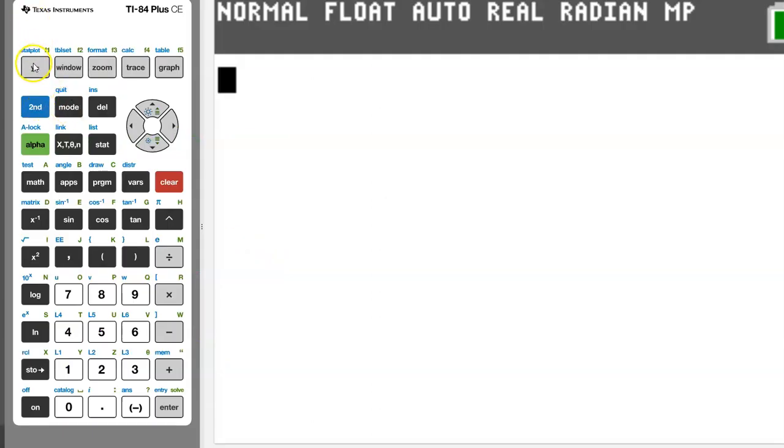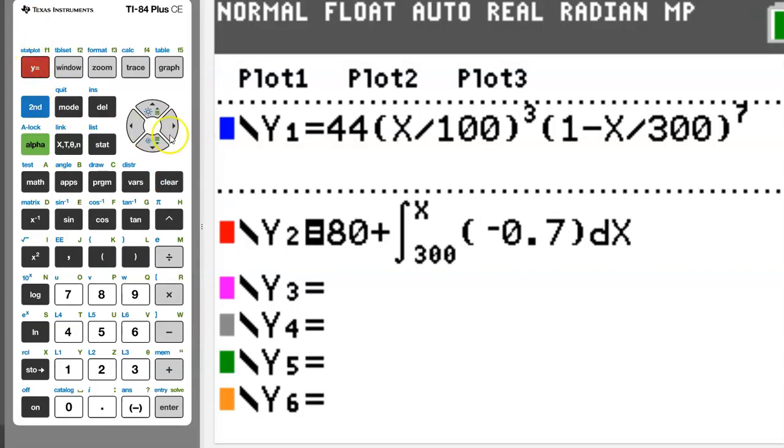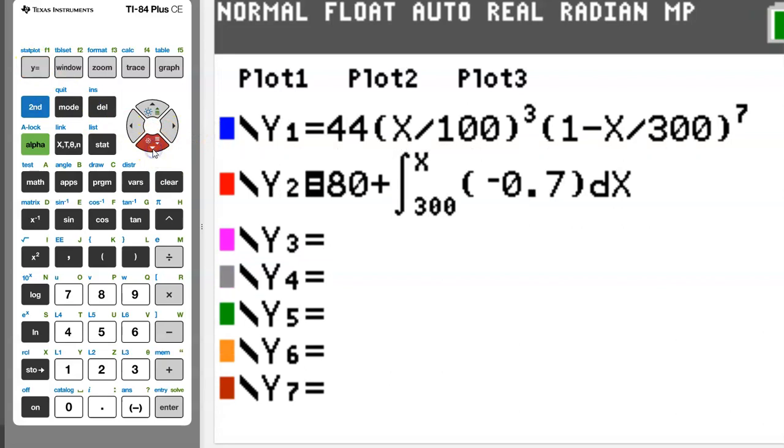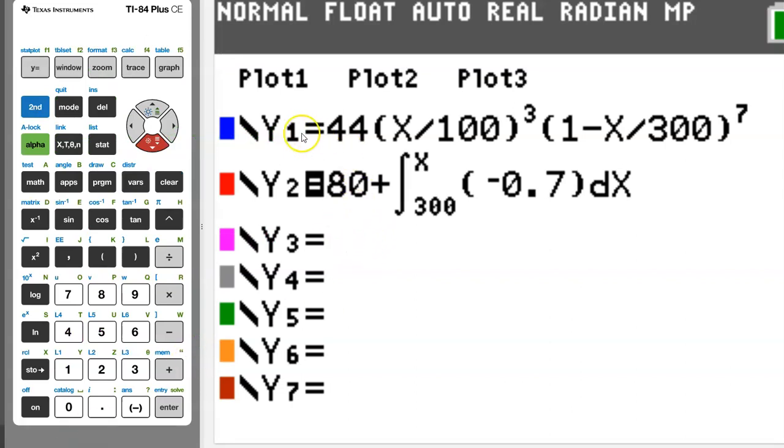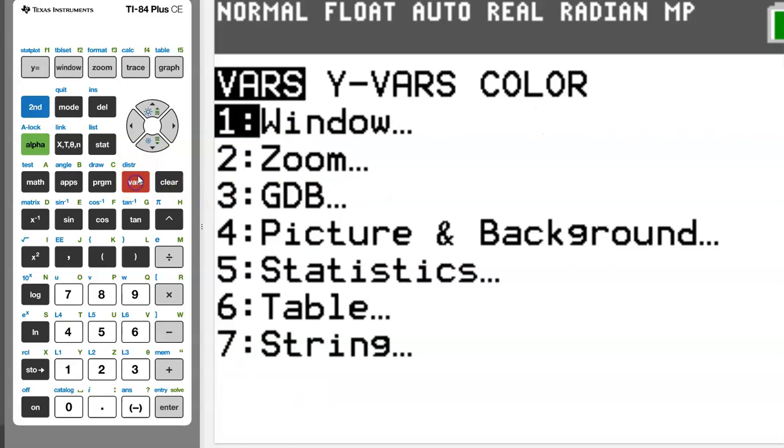We are graphing, so that means hitting that y equals button. Let's go on down to y3. We want to graph r at t minus 0.7. But remember, we have r at t up here at y1. So I can just go ahead and get y1 in here by using the vars button again.